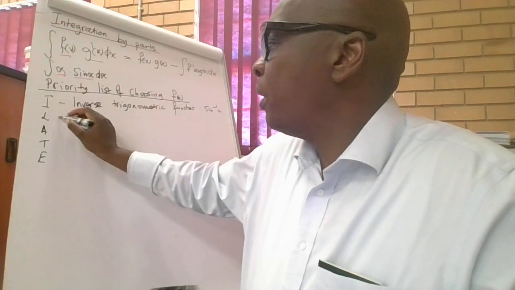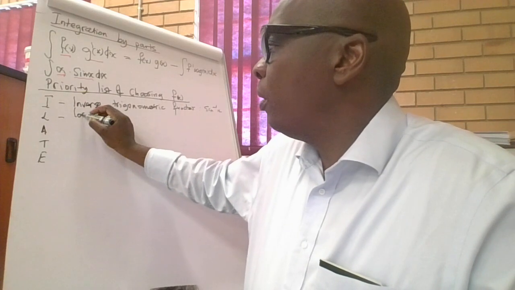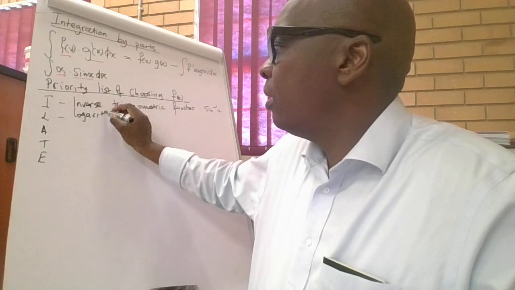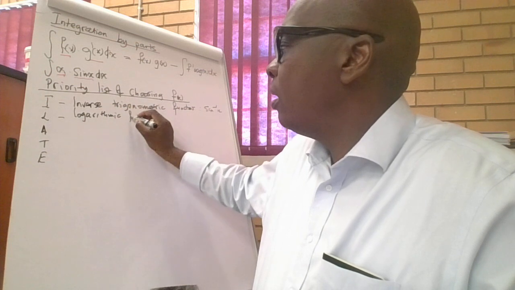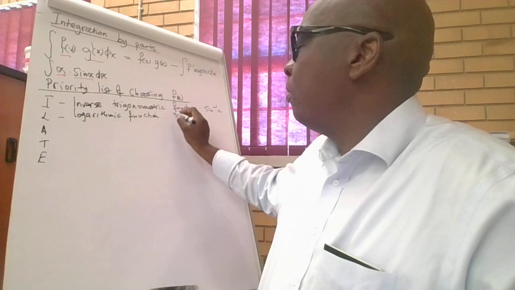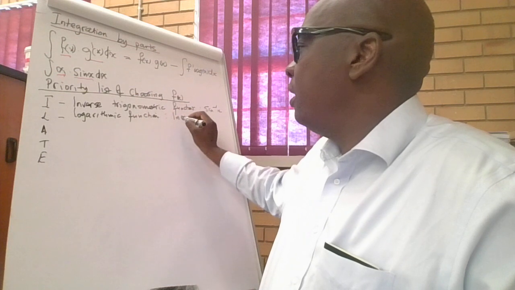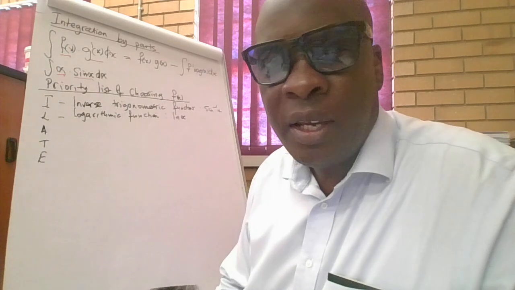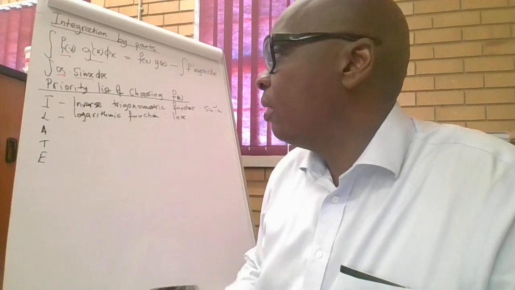Then the second priority would be a logarithmic function. And here we are talking of things like, say, ln x or ln 2x, ln 4x, and so forth.